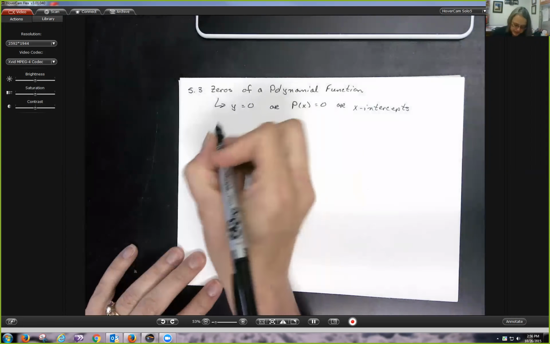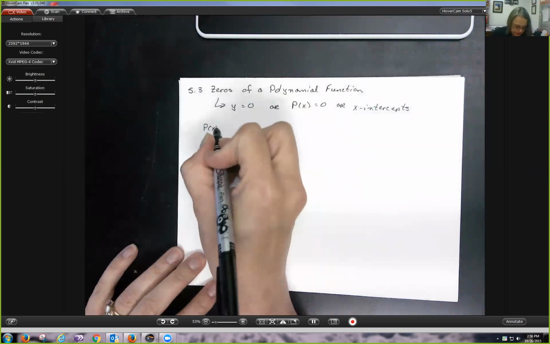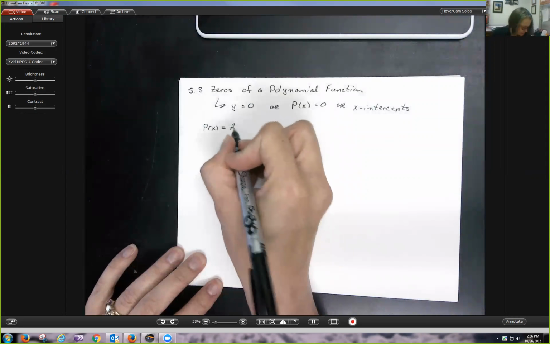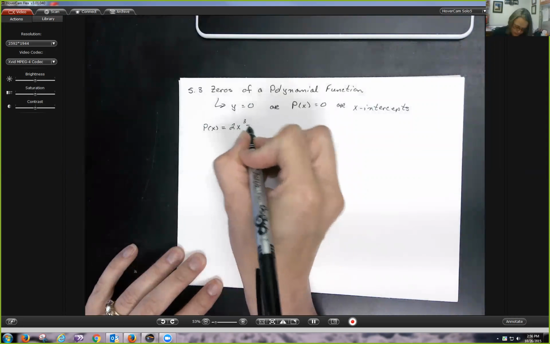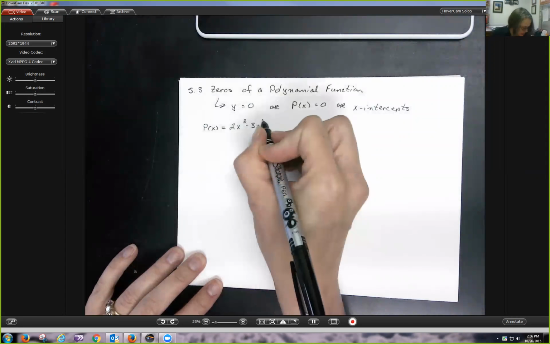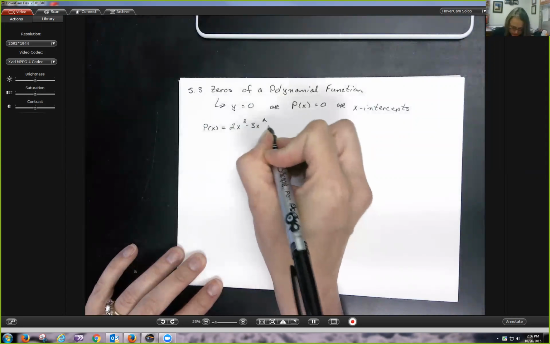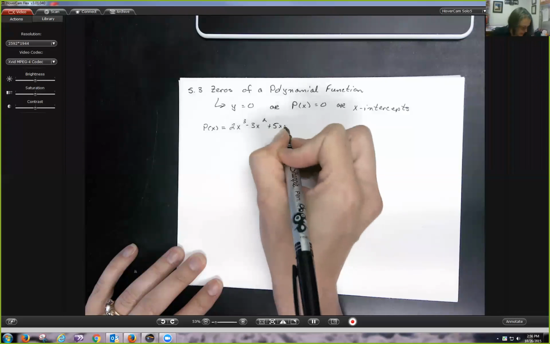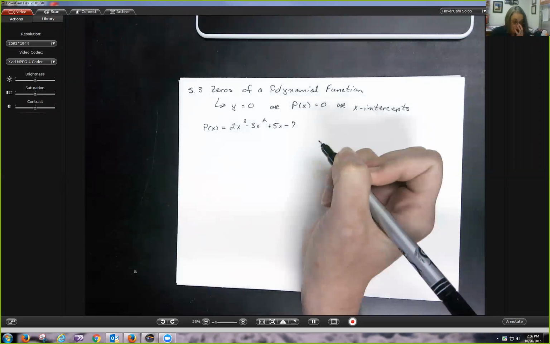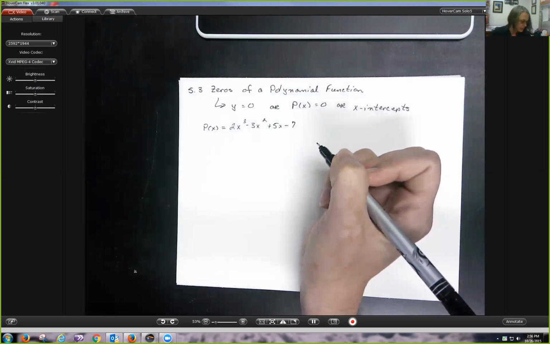So what this means, if we've got a polynomial function like 2x to the third minus 3x squared plus 5x minus 7. Your textbook talks about something called the remainder theorem.